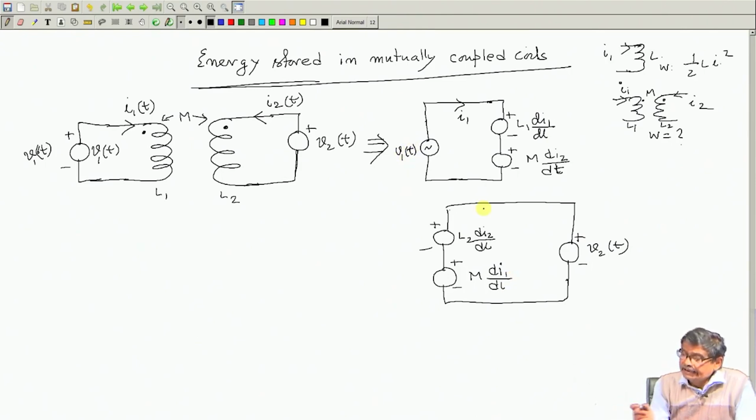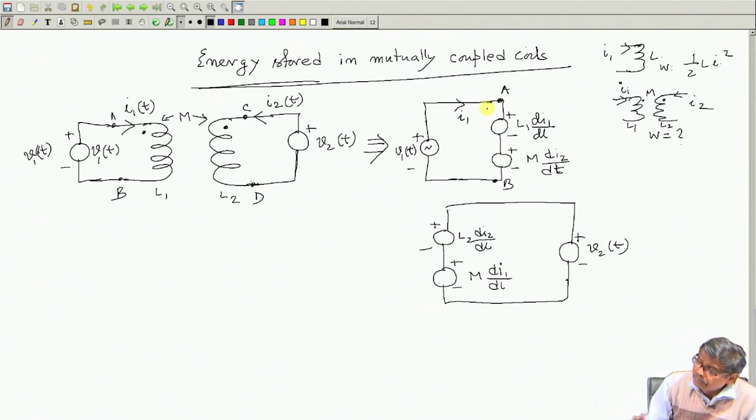Okay. At any time t, these are the two terminals of the coil, A, B, and this is, suppose, C, D. Now, the supply voltage has a polarity like this, and V_AB is across which this mutual coil comes in. Therefore, this block is absorbing power.